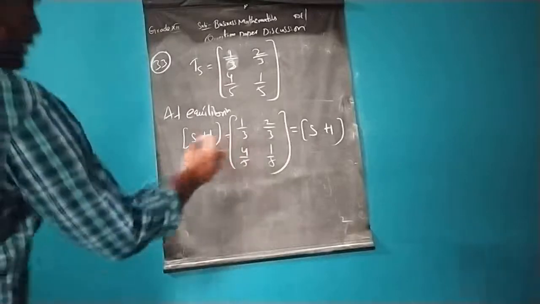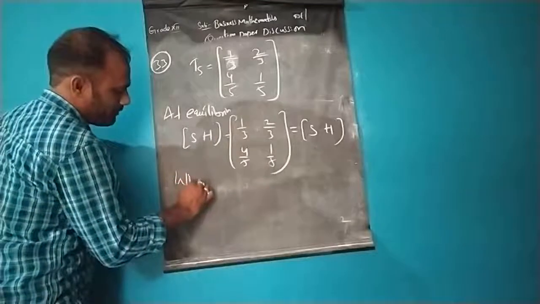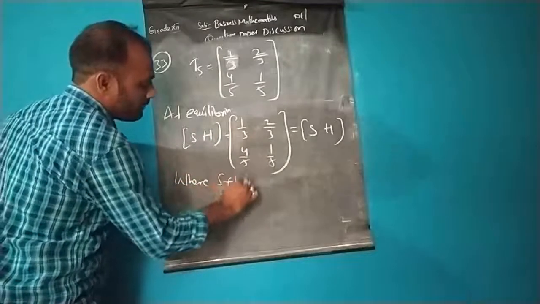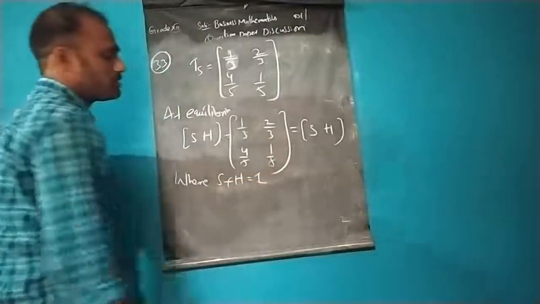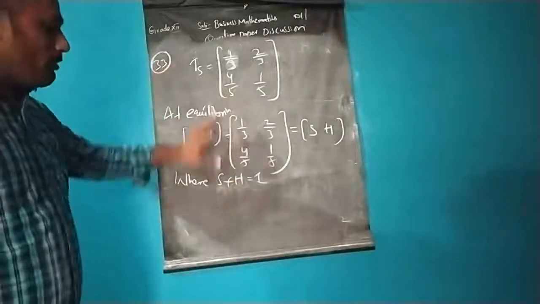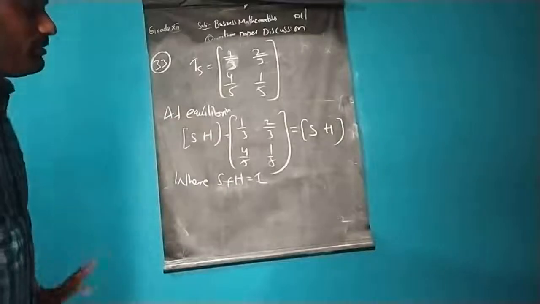We can get the equation sad plus happy is equal to 1. Why? Because it is a transition probability matrix, so the sum of the probabilities will be 1.